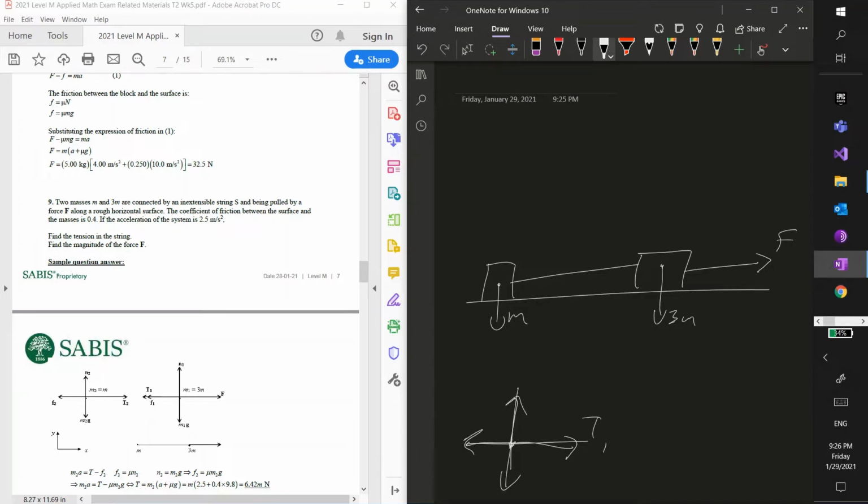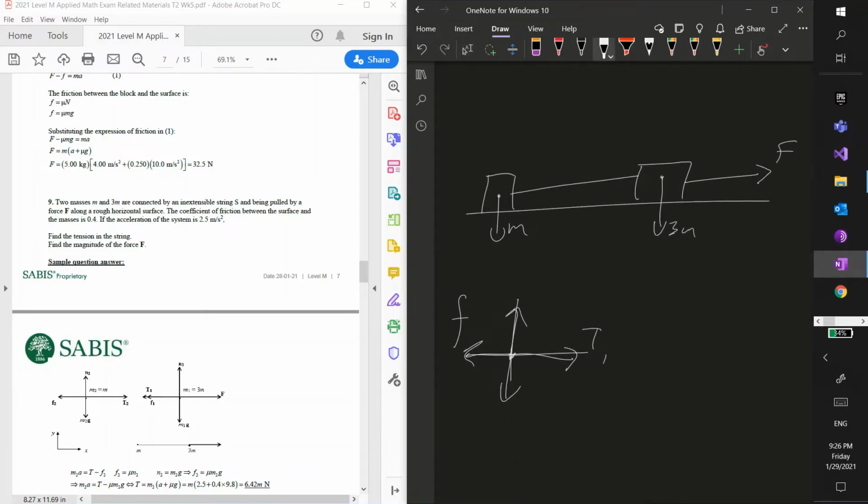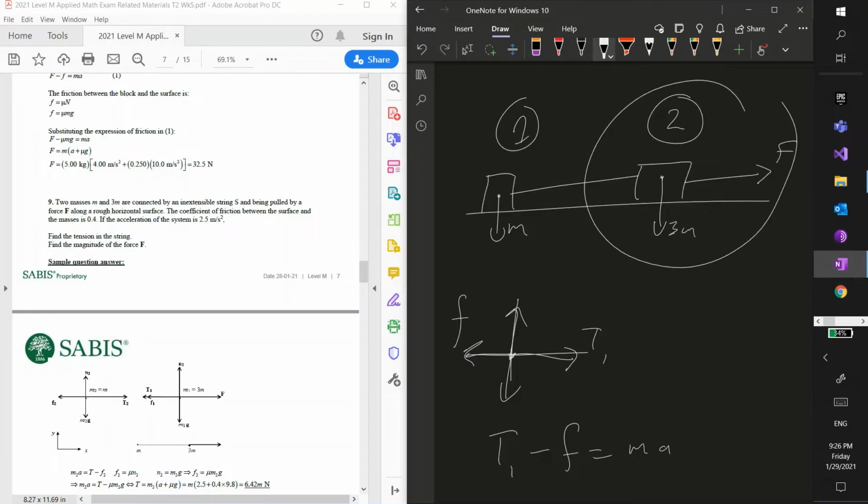I'm assuming it has friction, right? So on the first object, call it object 1, and call this object 2, you have T1 minus friction. That's going to be equal to, since it's accelerating, and the acceleration of the system is 2.5, you use Newton's second law, equals ma.